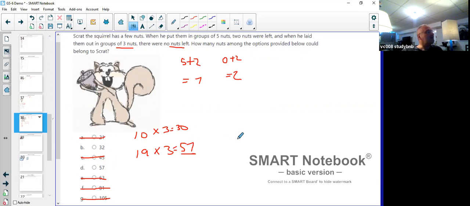What's 5 plus 7? Yeah, 5 plus 7 is 12, right? So if the sum of the digits of a number is divisible by 3, then so is the number, right? 57 is divisible by 3, and so is 12.